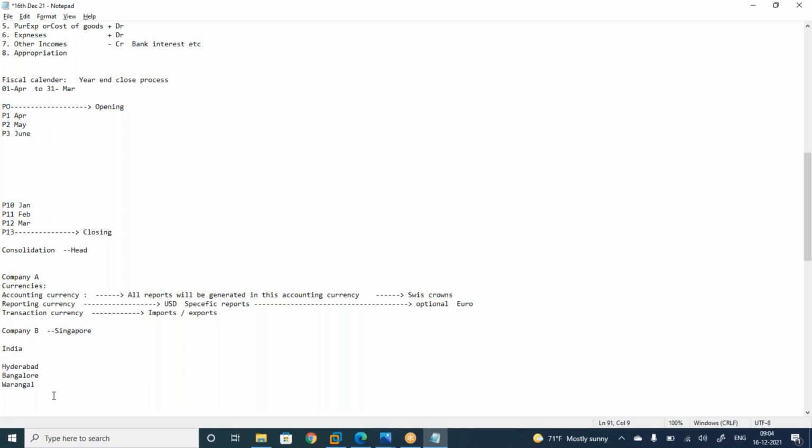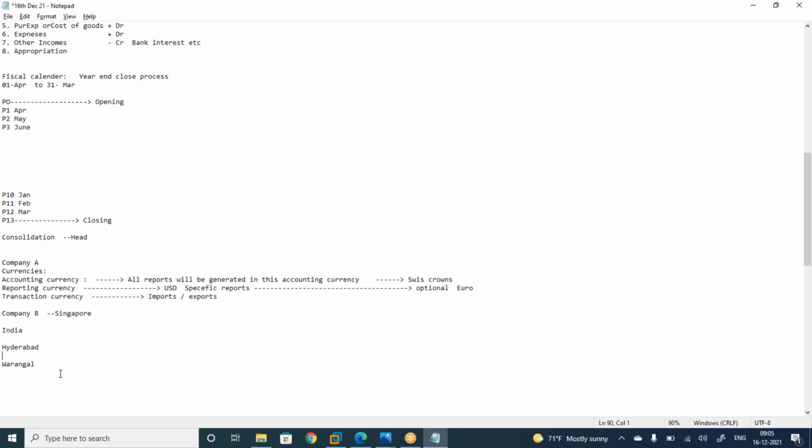Then there is an argument whether these are companies or branches. Based on the client requirement, you need to discuss how the customer looks at the data. Based on that, you decide whether all three are branches, or all three are companies, or two are branches. Under Hyderabad, I will create one branch, Bangalore and Warangal as one branch, and I can create this company. These are healthy discussions; definitely we are going to discuss.